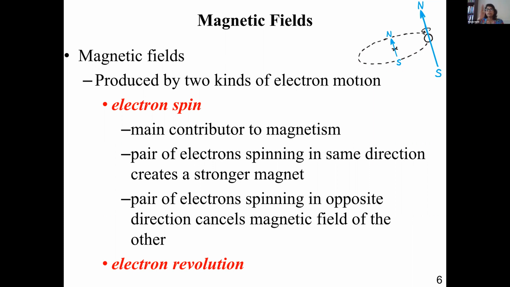But if one is spinning this way and the other that way, up and down, then your magnetism will be lower. That's how we get antiferromagnets, ferromagnets, paramagnets, and so on, defined by the direction of the electron movement.